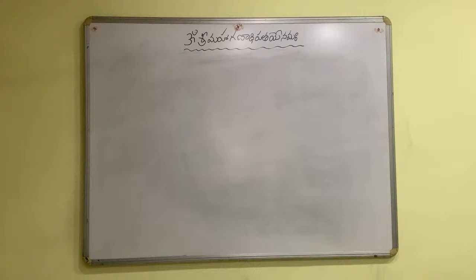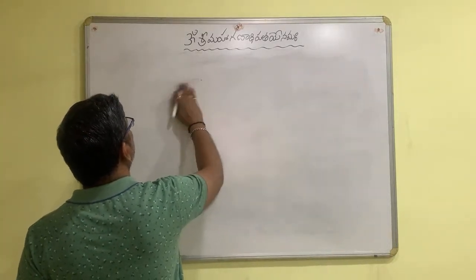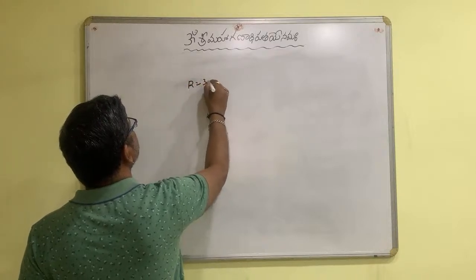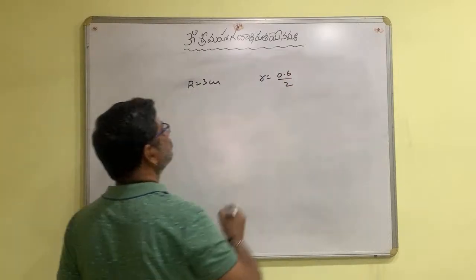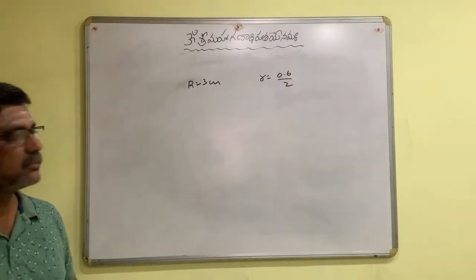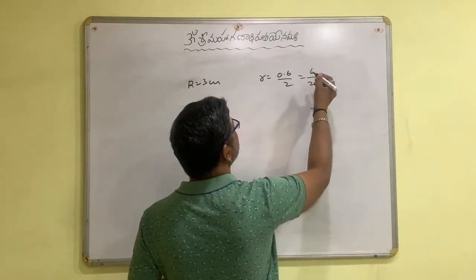This is also the same. A solid sphere of radius 3 centimeters means capital R is 3 centimeters. Small r is 0.6 by 2, which is nothing but 6 by 20.